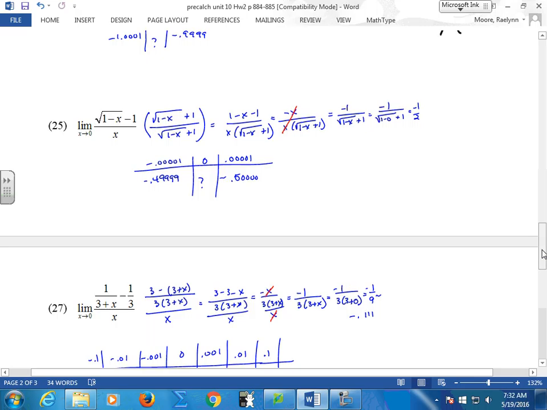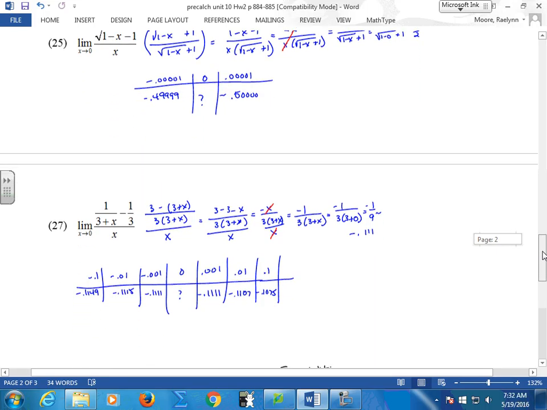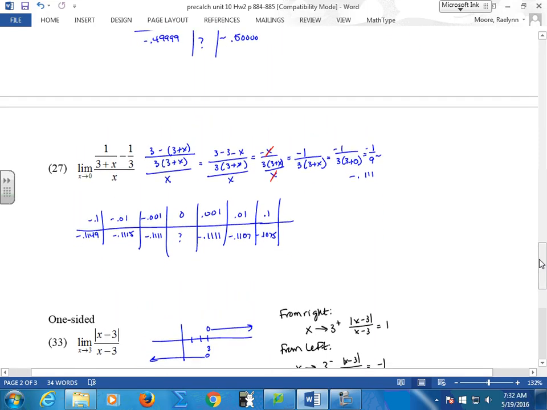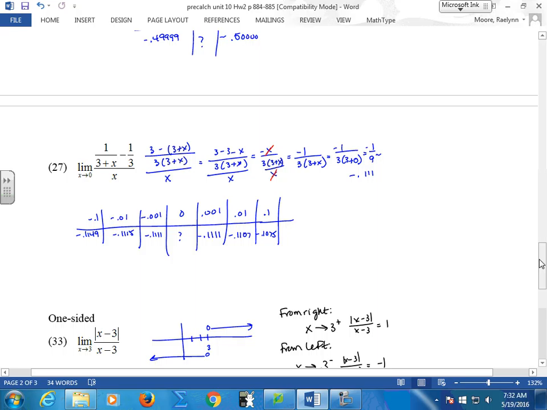Okay, there's a little rationalization. Did you have these? Yes. Let's get negative 1 over... I know you got 9, but how'd you get the negative 1?